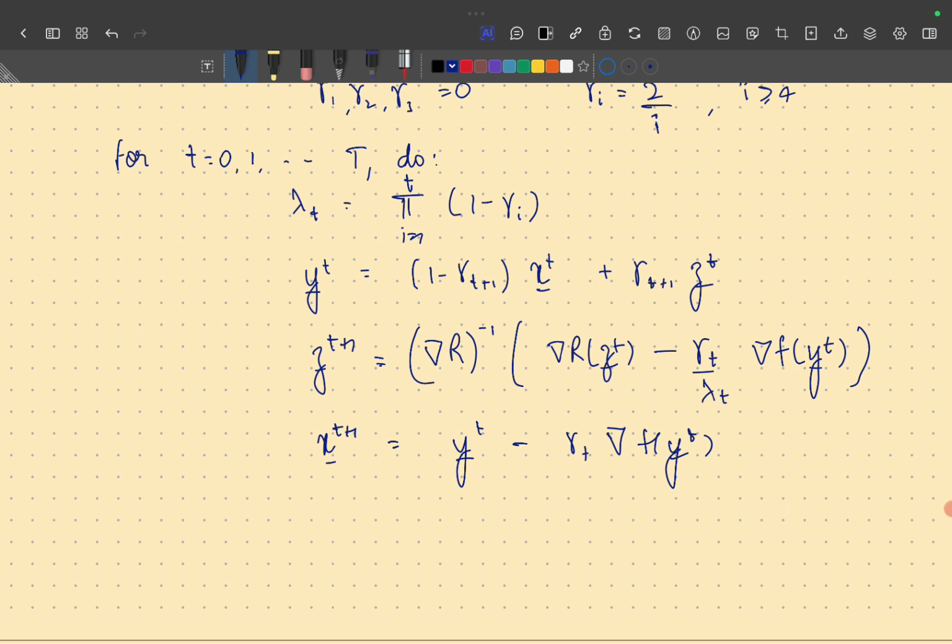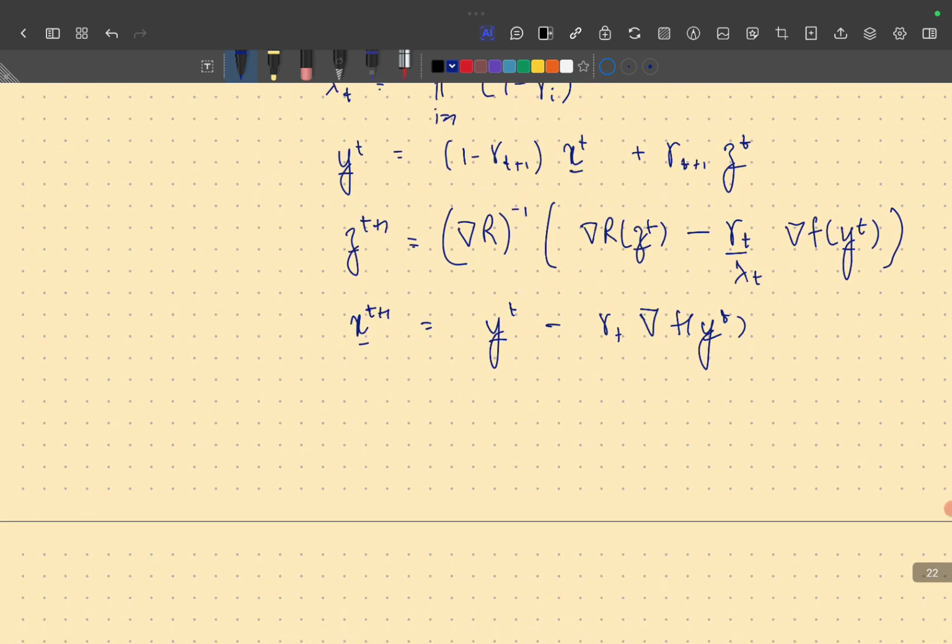So effectively, I'm going to run two different algorithms. I'm going to run a standard gradient descent algorithm, and in parallel, I'm going to run a mirror descent algorithm. And at each stage, I'm going to take a convex combination of the solutions of these two. So there's one sequence which is x0, x1, x2, and so on, and there is a z0, z1, z2, and so on.